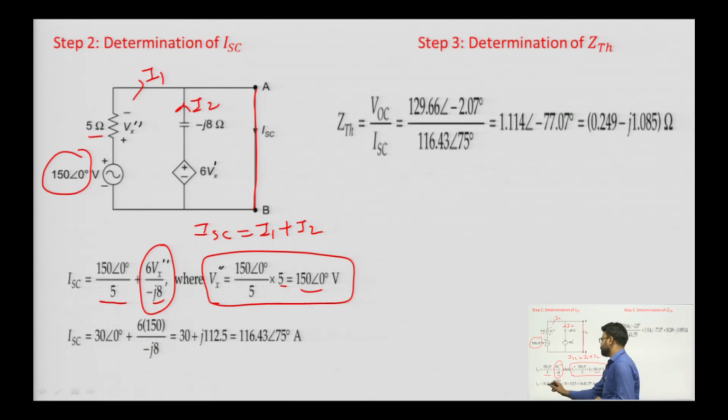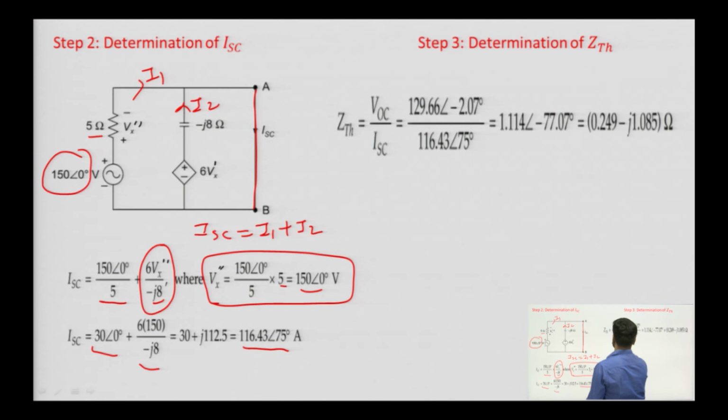We get the short circuit current as 116.43 at an angle of 75 degree, because we have 30 at an angle of 0 plus 6 into 150 divided by minus j8. So, we get the value of ISC as this much.